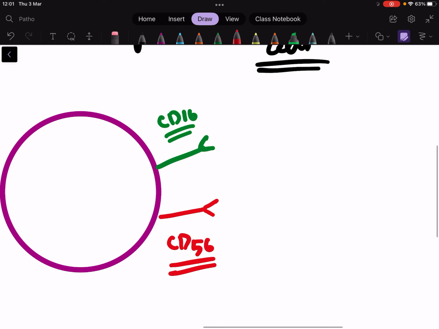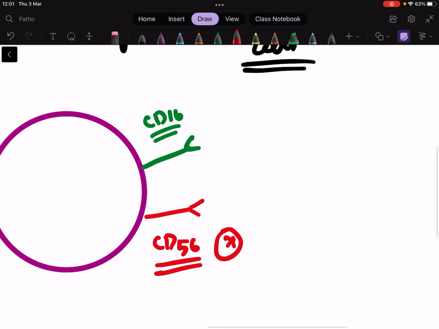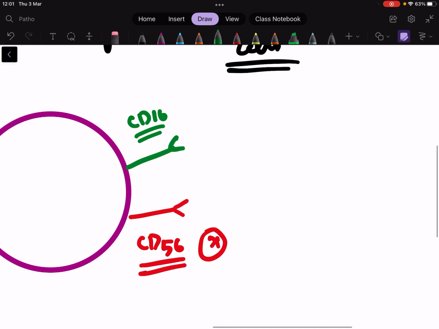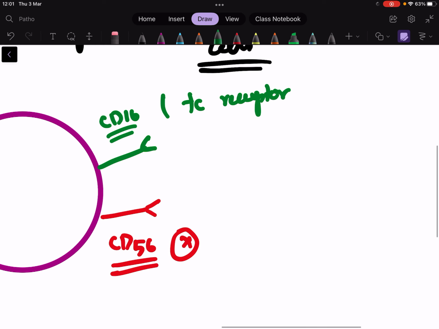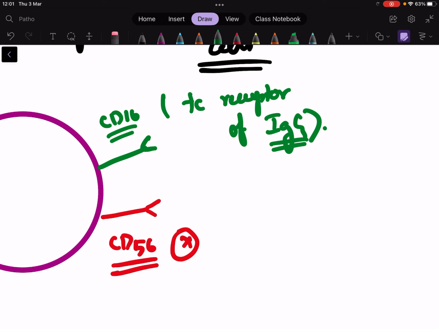Now the function of CD56 is not yet known, but CD16 acts as an Fc receptor. It is a receptor for the Fc portion of immunoglobulin G. So what is the meaning of this?